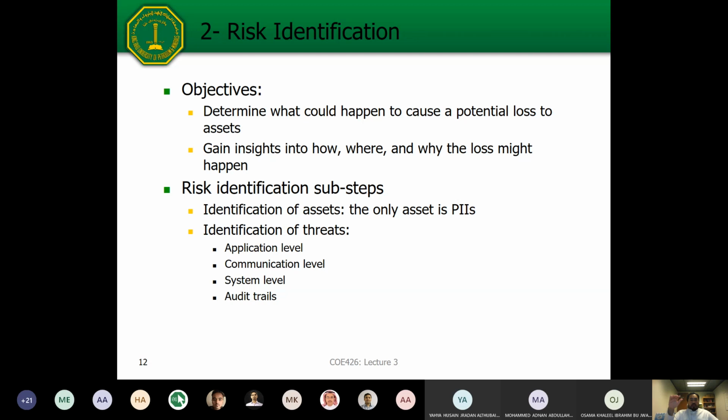If you use certain software or applications that are outdated and vulnerable to attack. Maybe at the communication level, you are not using proper firewalls, or you are not using encrypted communication, for example, you're using plain FTP rather than SFTP. You have to be aware of all this information.